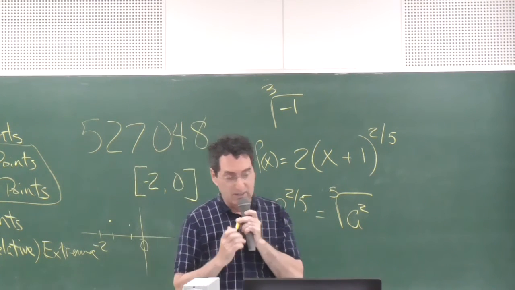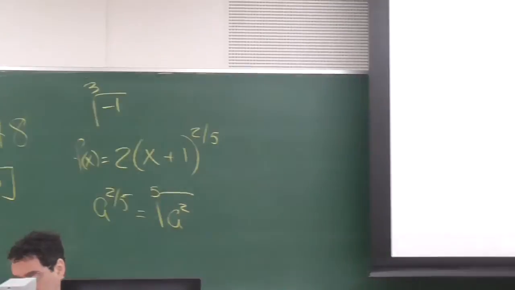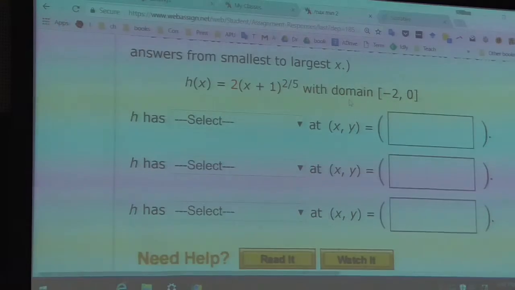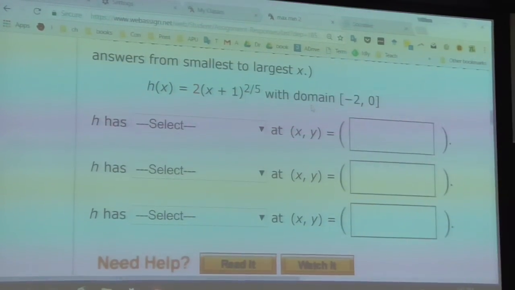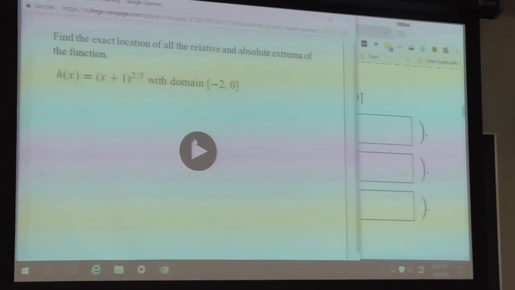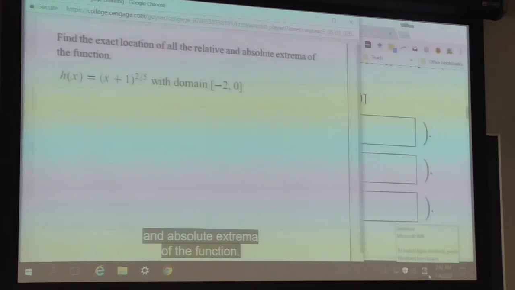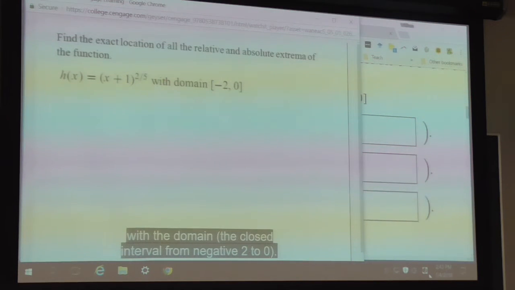Okay, let's see what they say here. How to do this. Find the exact location of all the relative and absolute extrema of the function h of x equal to the quantity x plus 1 to the 2/5 power with the domain the closed interval from -2 to 0.